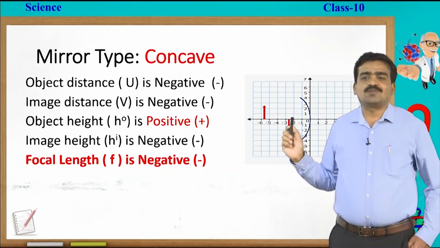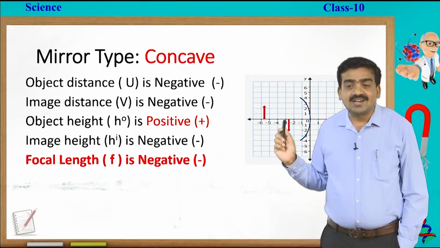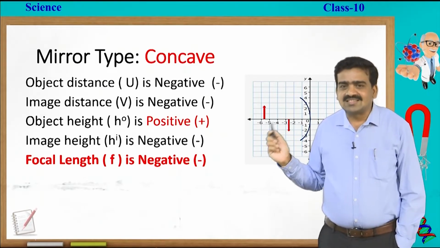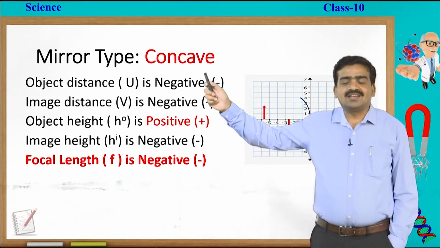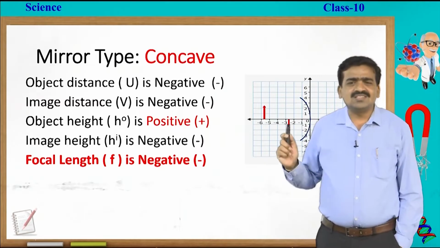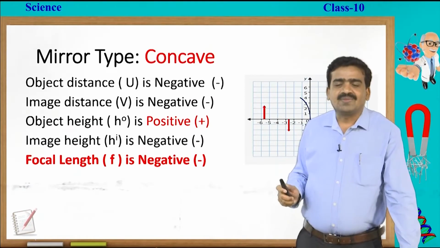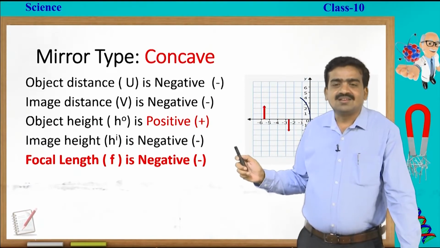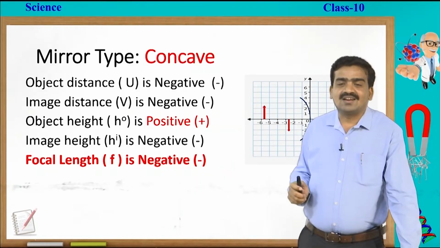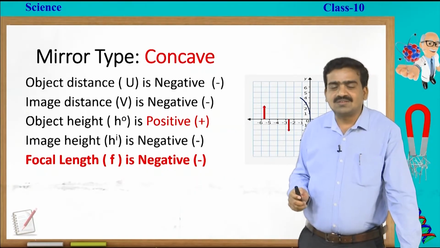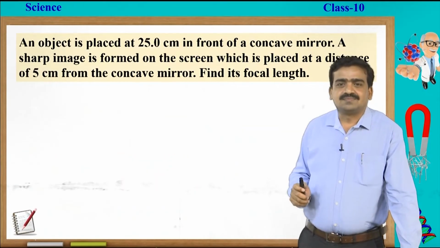The principal focus is located towards the negative part of the x axis, that is why the focal length of a concave mirror is negative. So, these things are very important to solve the problems. If you understand this very carefully, and if you know all this, you can get the correct answer whatever question is asked.